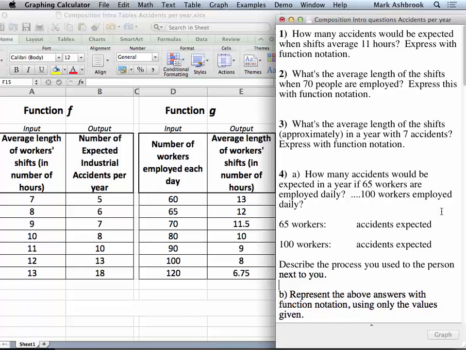And the answer is talking about input or output. Output is something. Right. I just wasn't sure, if you did f of 7, what would it be? What would the 7 be? 7 would be the average length of work per shift, since this is 7 accidents. The output of this. Yeah, you got it. Good.